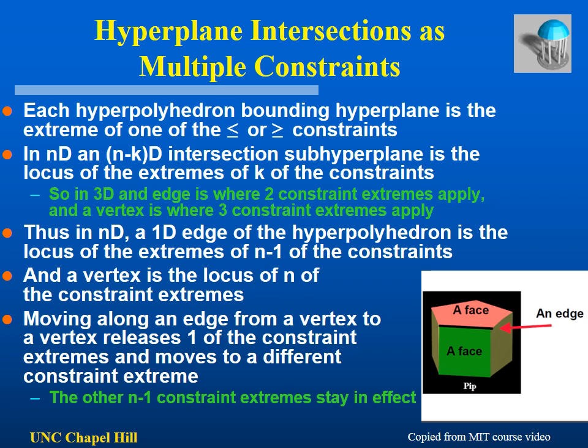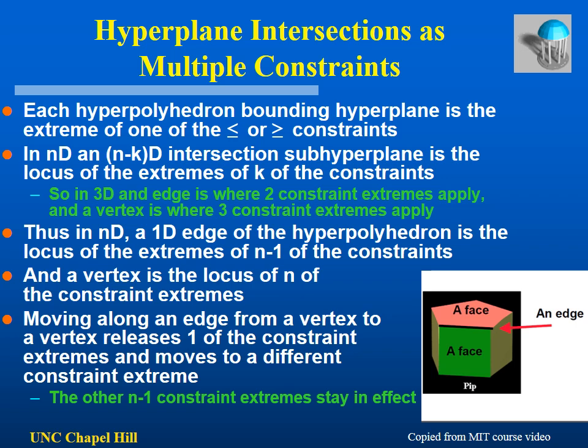An example is in 3D, which the figure illustrates. Look at the vertex at the left end of this line, and the line that it consists of, that it ends.